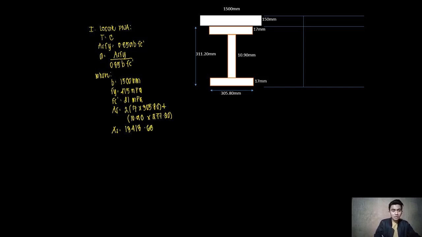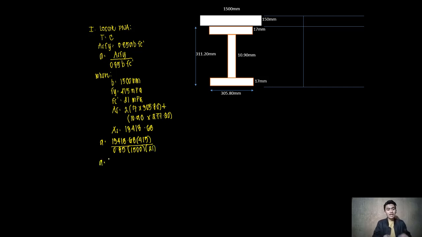So from there, substitute it on our equation, then we will have a, which is equal to 13,418.68, multiply it by 415 megapascal, divided by 0.85, multiply that by b, which is 1,500, times Fc prime, which is 21.